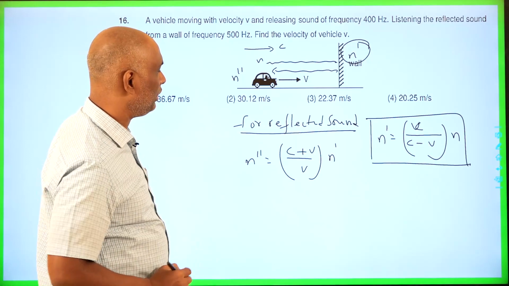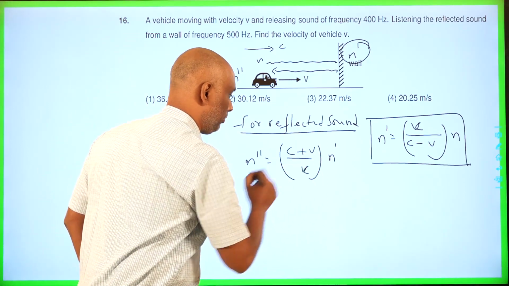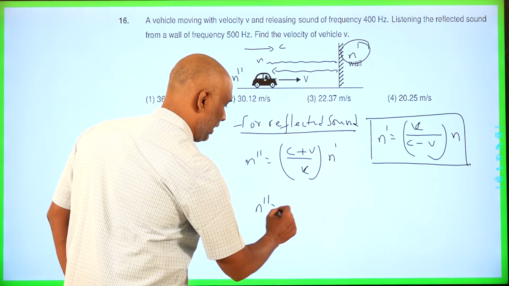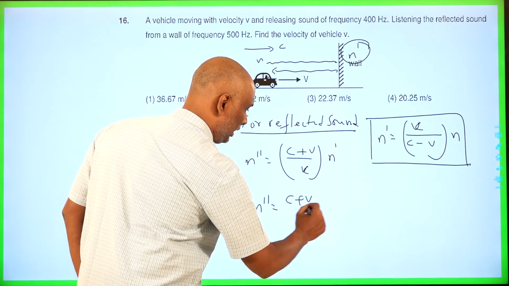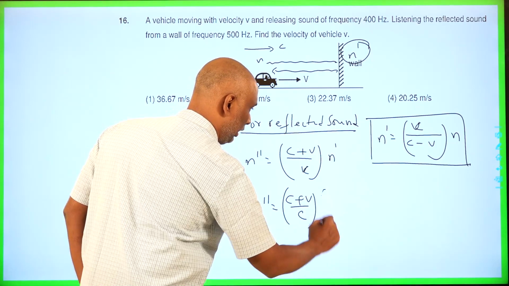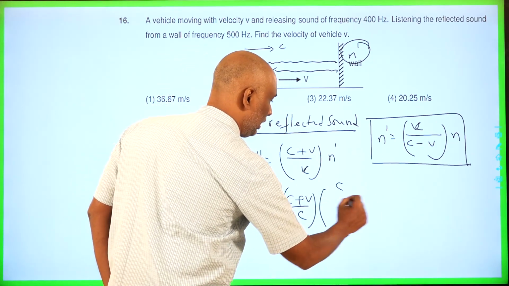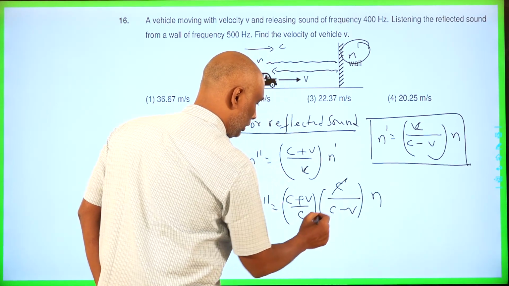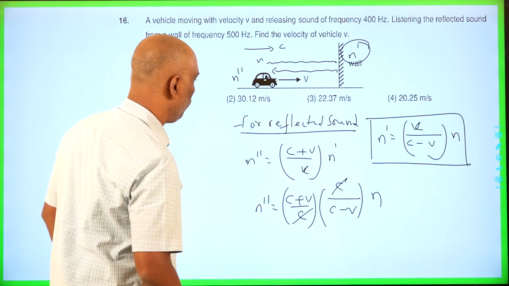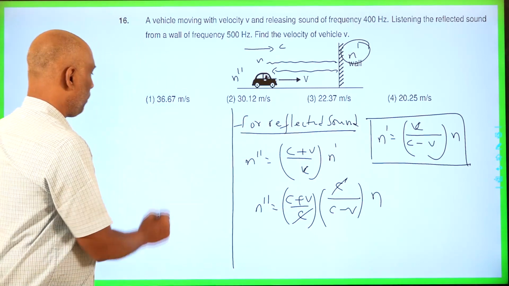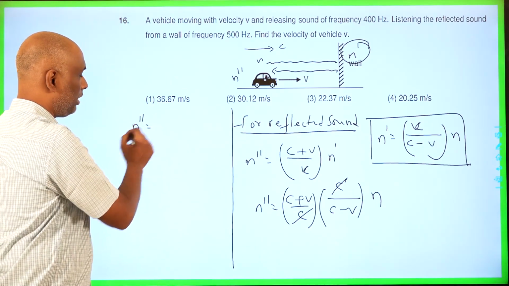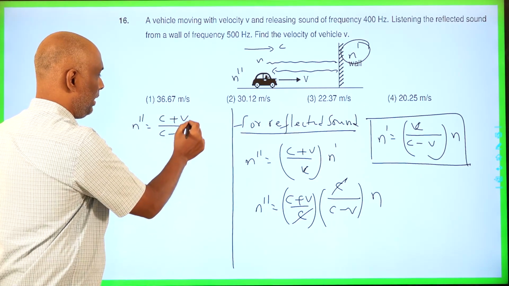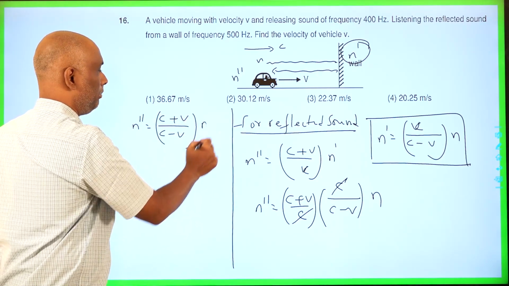Substituting the value of n dash here, n double dash is equal to c plus v divided by c into c divided by c minus v into n. C and c get cancelled. So n double dash equals c plus v divided by c minus v into n.